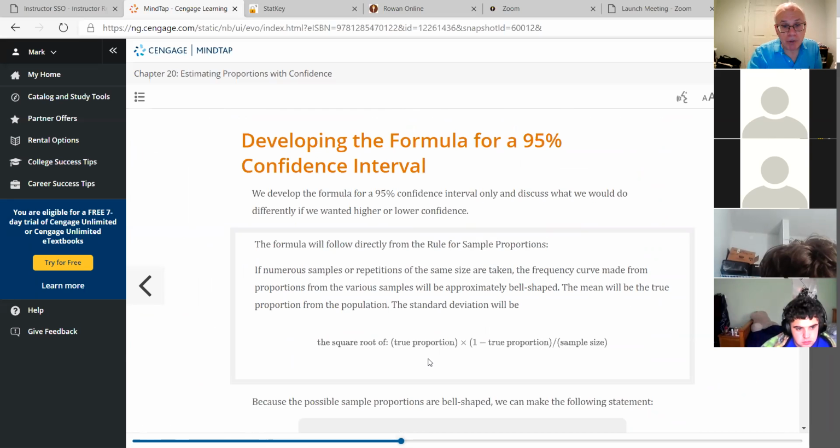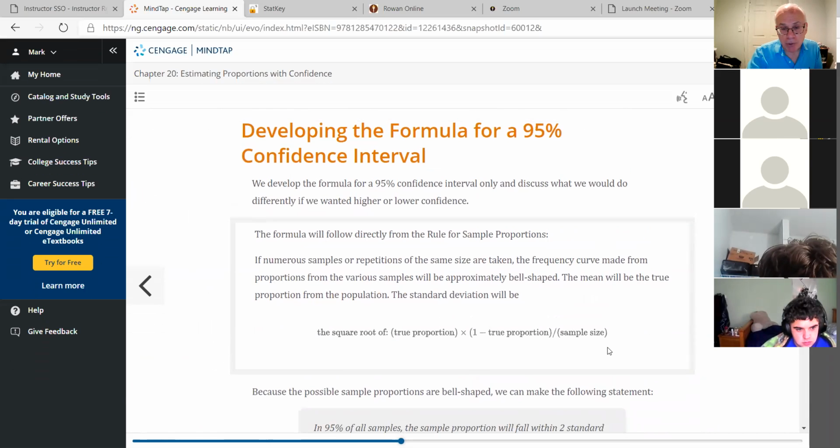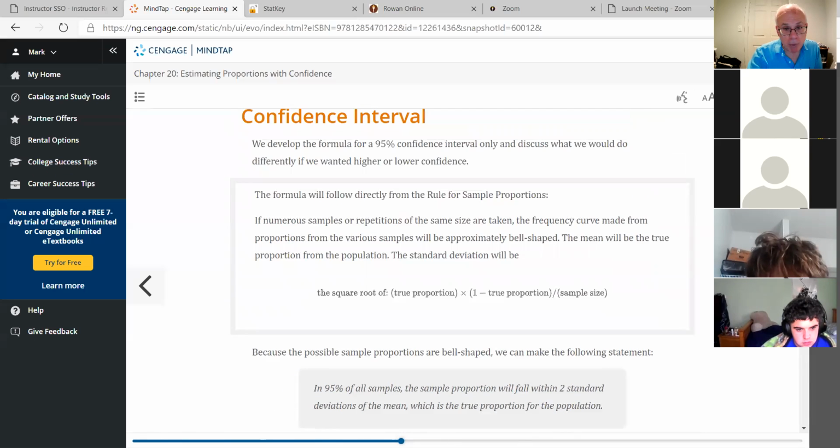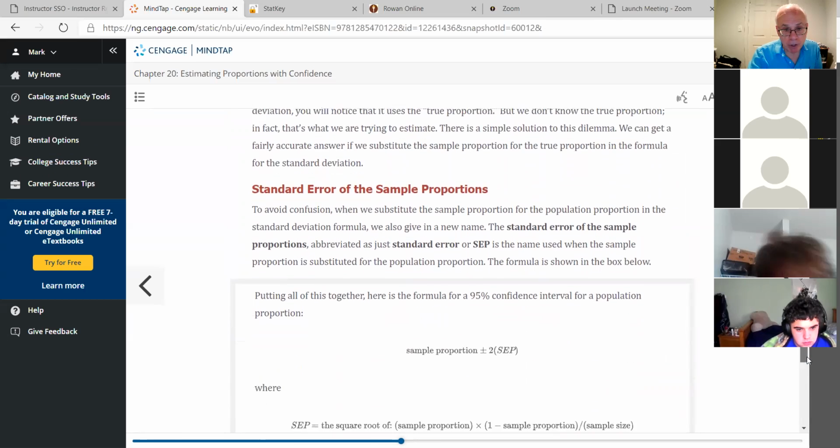We would come up with this formula: the true proportion times 1 minus the true proportion, divided by the sample size, taking the square root of the whole thing. We're not going to be using this when we create our confidence intervals, but this is the traditional way of doing it. By the way, this is called the standard error, which again you're not responsible for, though they do mention it here.